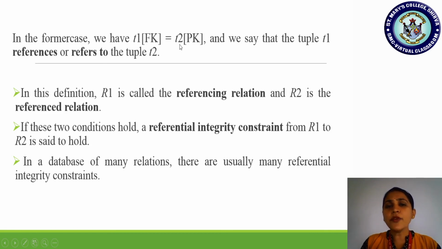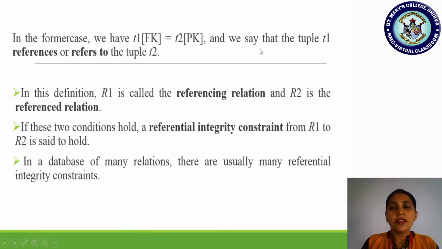T2 means some tuple in which relation? The department relation, where the primary key, department number 5, was told here, right? So department number 5 exists in the department relation, which acts as a primary key. That is the meaning. So we have the foreign key of relation R1 equal to the primary key in relation R2.